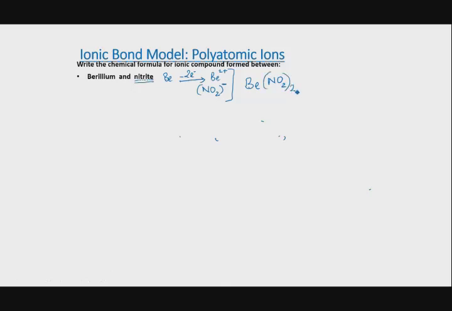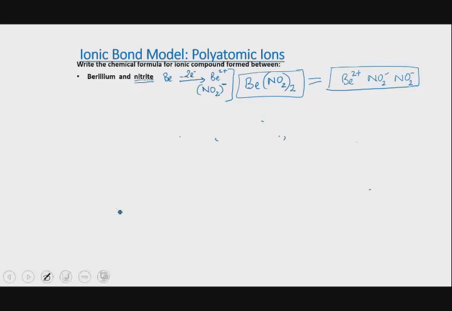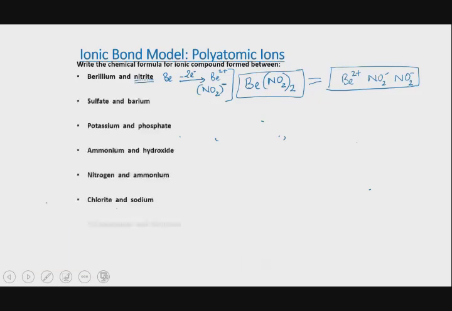When you write this chemical formula, it is telling the reader that the formula unit has one beryllium ion with a charge of 2+ and two nitrite ions together. That's what the chemical formula is telling us. Okay, using this as a hint, please go ahead and complete this list of chemical formulas. You may want to pause the recording while you work on this.